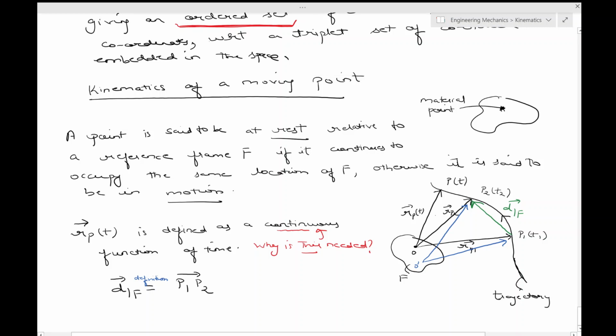It's the directed line segment P1 to P2, which is shown in green color in this diagram. This is equal to R of P2 P1, which is equal to Rp2 minus Rp1. So this is 1.6.